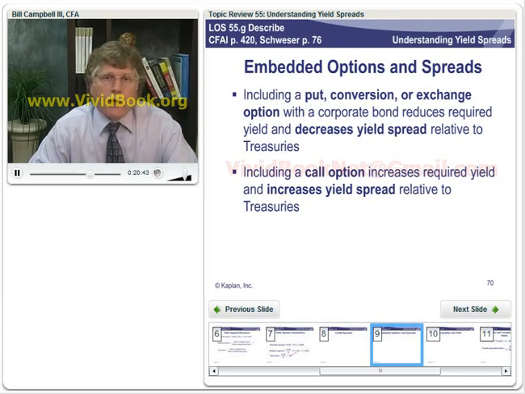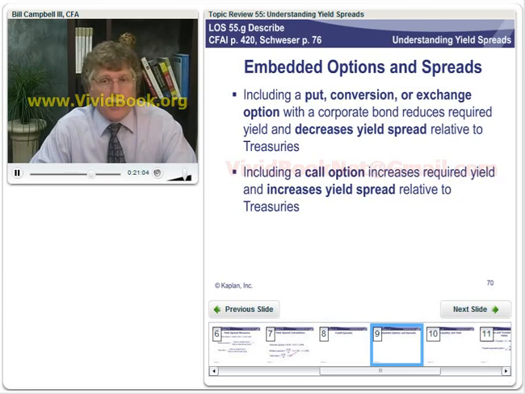If you have options that favor the issuer, call options would be an example, or prepayment options like on a mortgage-backed security. These are options that favor the issuer. Once again, options have value. The issuer has to pay for a call option or a prepayment option.